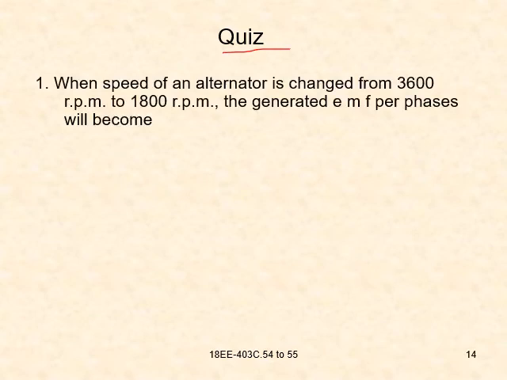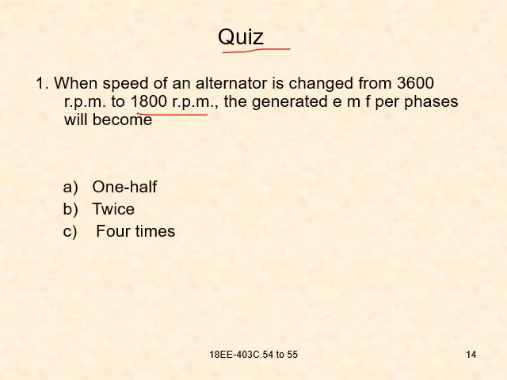So let us see a small quiz. When speed of an alternator is changed from 3600 rpm to 1800 rpm, the generated EMF per phase will become 1/2, twice, 4 times, or 1/4.